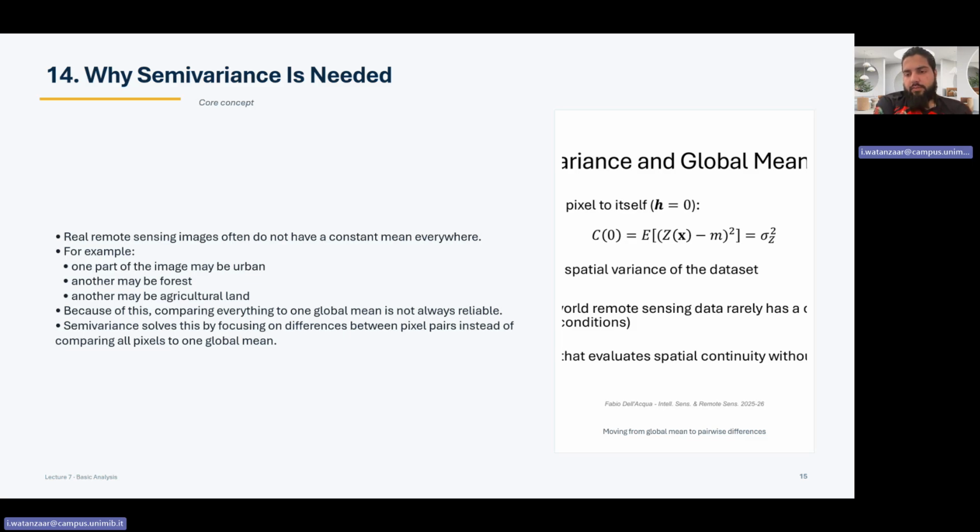Now, another important concept in spatial analysis, or neighboring pixel value analysis, is semivariance. Why are we discussing it first of all? The reason it needs to come into existence. So far, in the spatial covariance, we are discussing two different pixel values.